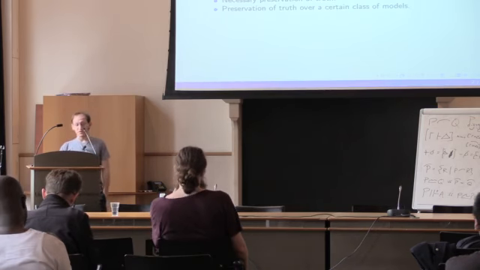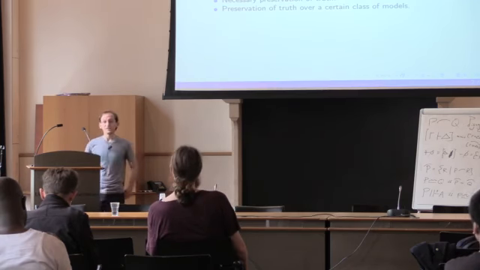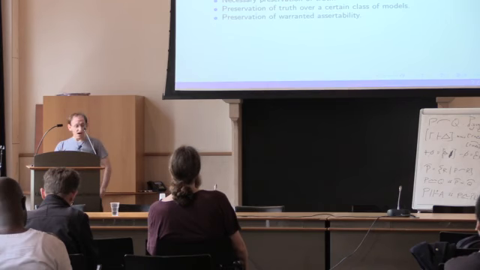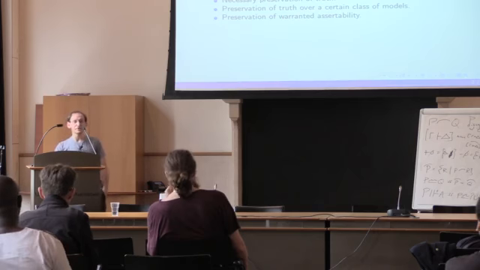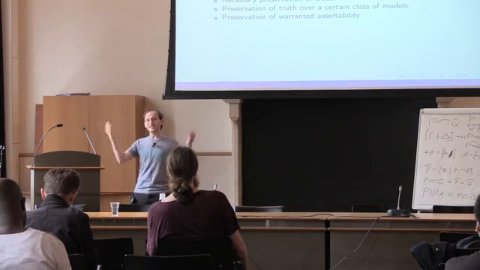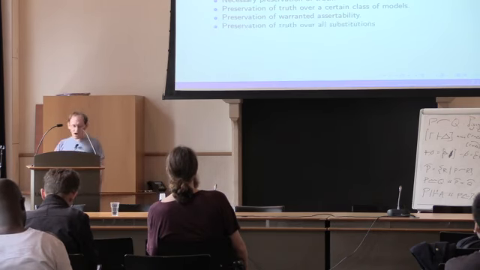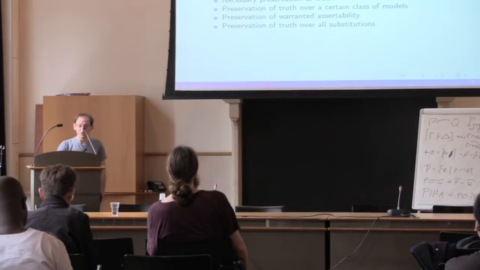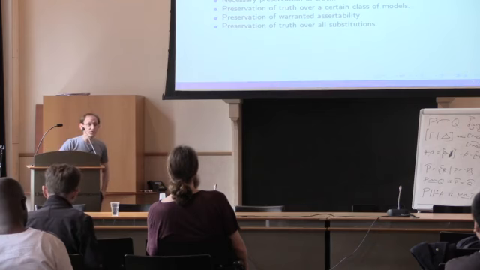Other people say validity is preservation of truth over a certain class of models. For example, if you're a stubborn model theorist, you would say something like this, I guess. Other people will say that validity is preservation of warranted assertability. Some other people will even say that it's preservation of certain attributes, not just of warranted assertability. Other people still, this goes on and on, will say that validity should be understood as preservation of truth over all substitutions. So there's the substitutional account of consequence that many people are now advocating.